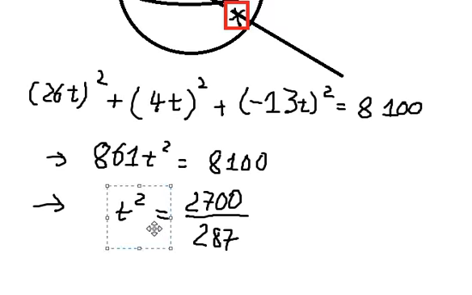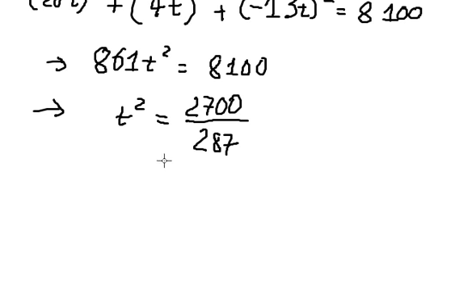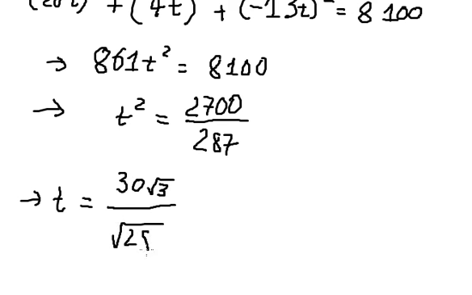Next, we take the square root of both sides. So we have 30 times the square root of 3 over the square root of 287, and t equals plus or minus this number.